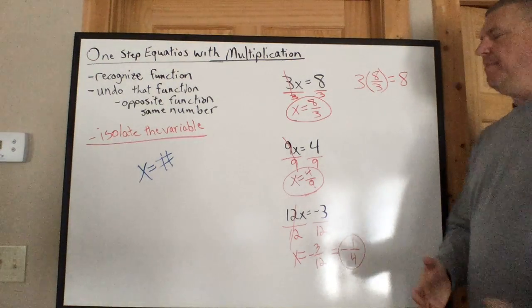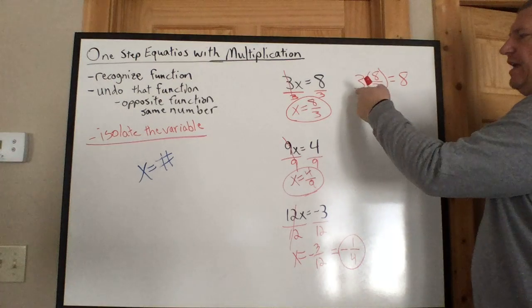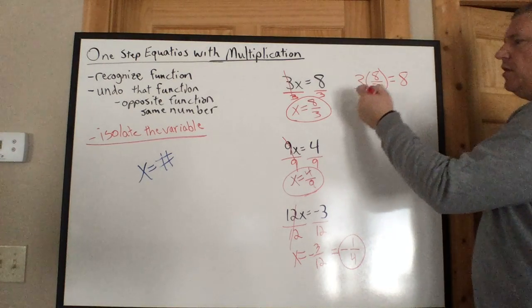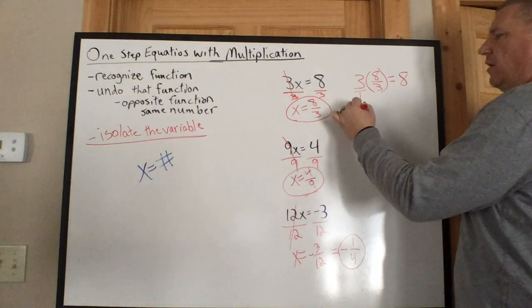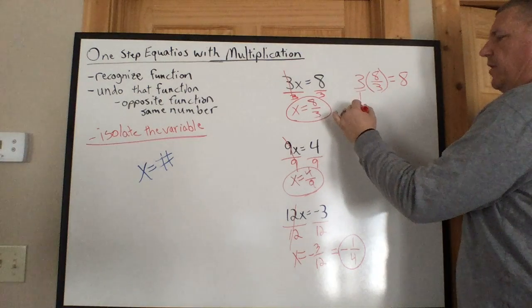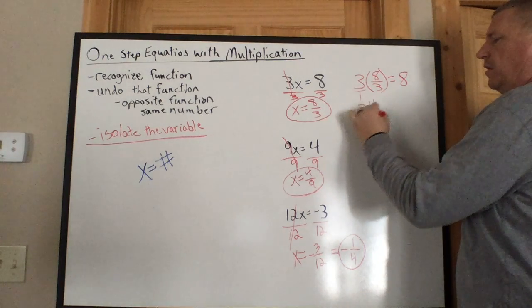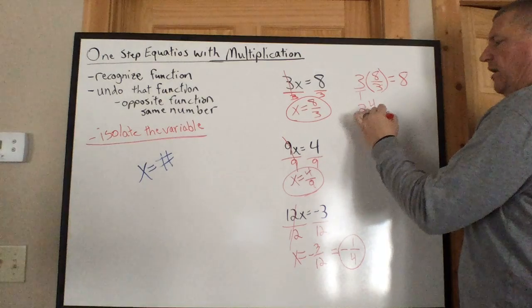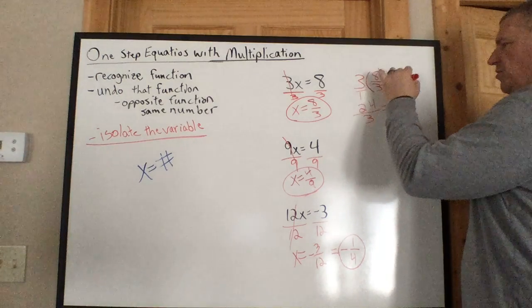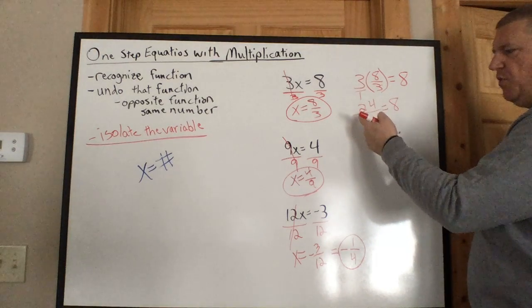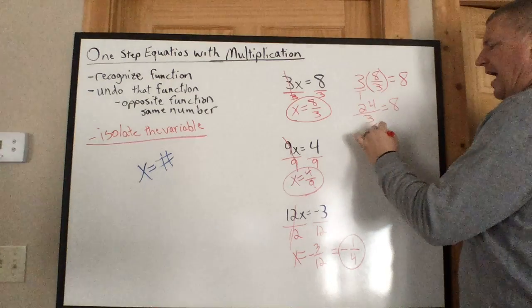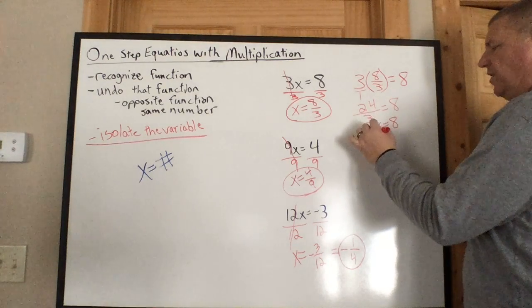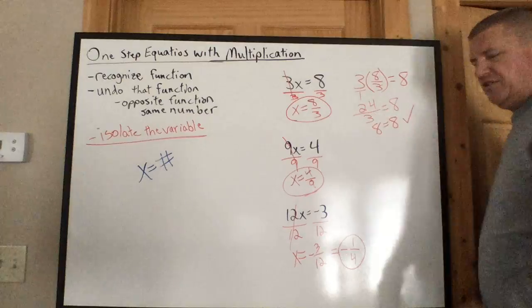So 3 times 8 thirds. Remember, that's 3 over 1. So 3 times 8 gives me 24. 1 times 3 gives me 3. We just move the 8 down. So what is 24 divided by 3? That gives me 8 equals 8, which means that my solution is correct.